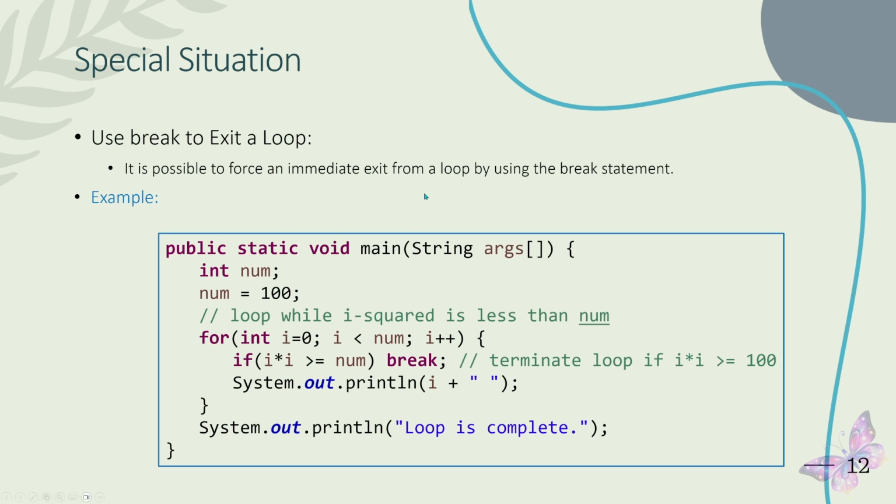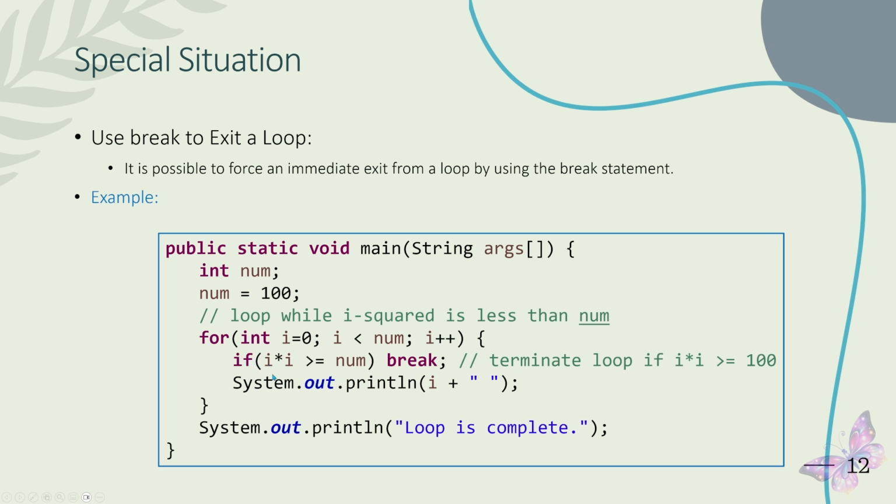There are two special cases. One is the break to exit a loop, which I explained, but there is more explanation for the break. It is possible to force an immediate exit from a loop by using the break statement. For example, here we have this for loop, but we also have an if condition.